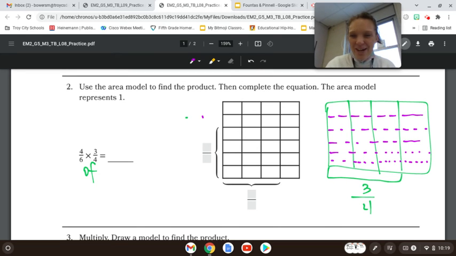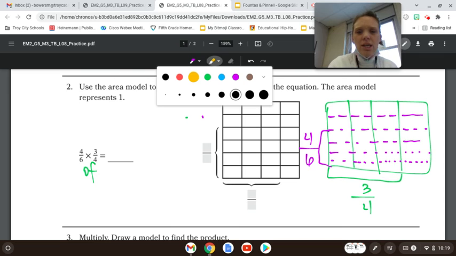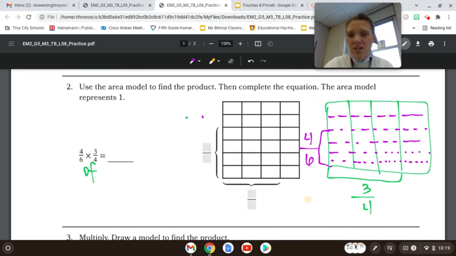All right, so now I have my fourths partitioned into sixths, and I only want to zero in on 4 of those sixths. So there's 1, 2, 3, 4 sixths here. So what I want to look at here is what is 4/6 of 3/4. So I'm going to shade in this portion here of my model.